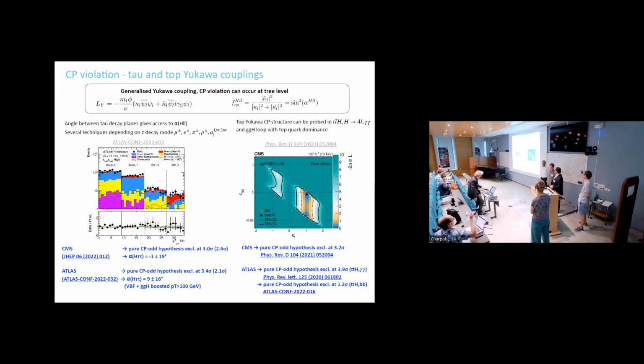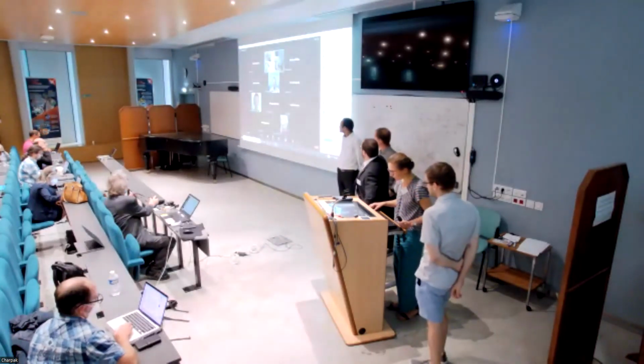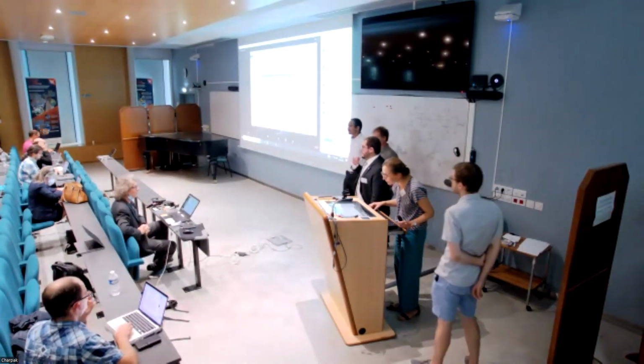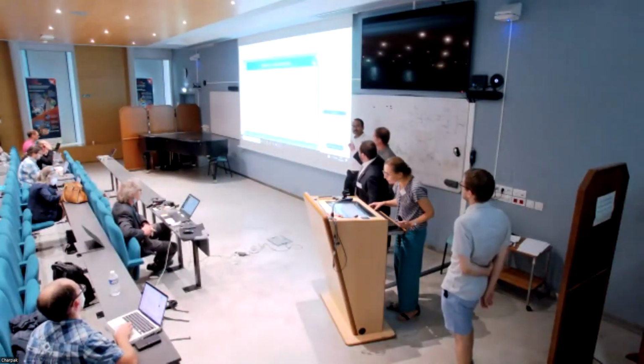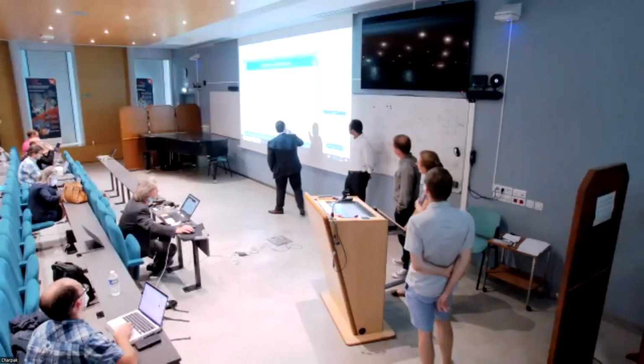I don't have these data personally. For the last slide, we did the CP measurement in Higgs to tau tau couplings, and the prospects at HL-LHC, assuming just a scaling of the luminosity, were reaching 5 sigma and an uncertainty on the CP mixing angle of roughly 4 degrees, if I remember correctly.